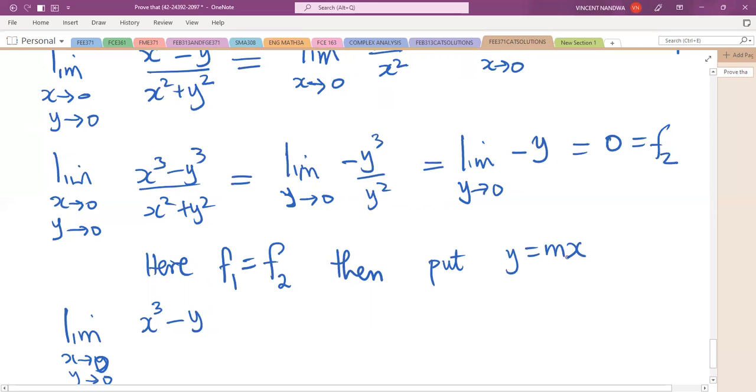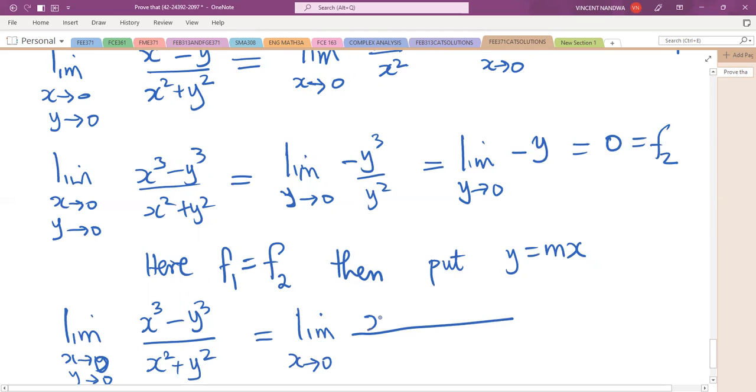So approaching the origin through the line y equals mx, because now everything will be in terms of x, we just write x approaches 0. Where there's y, you put mx. So we'll have x cubed minus m cubed x cubed over x squared plus m squared x squared.